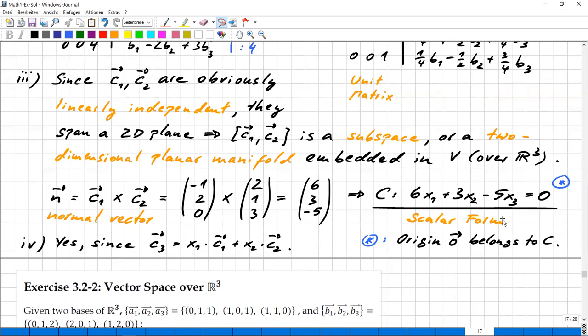What I'm doing now is to say that a normal vector n, scalar product with any location vector x lying in this plane, must always be equal to the same constant value. In this case, the constant is 0 because the origin is contained in the plane.